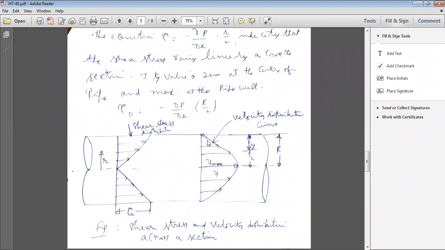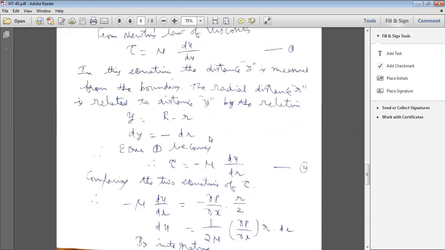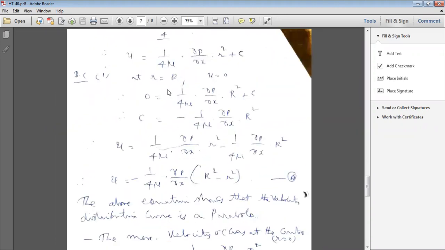Velocity is equal to 0. The velocity of flow is 0 because there is friction between the pipe surface and the liquid layer, so the velocity is 0 at the pipe wall and reaches maximum at the pipe center.